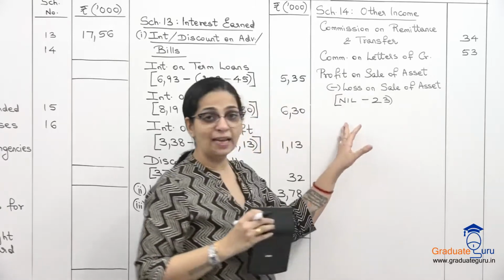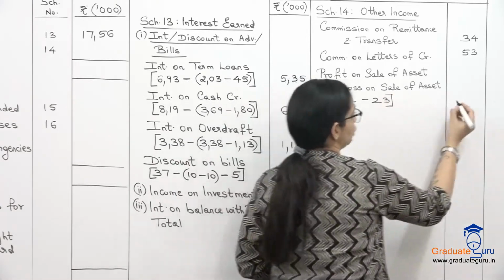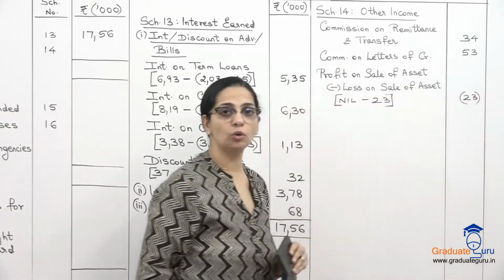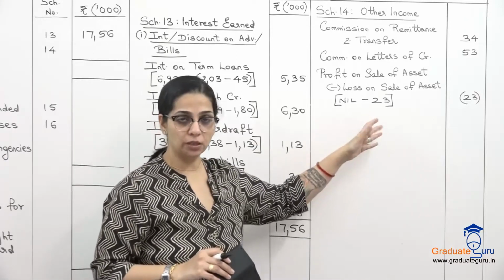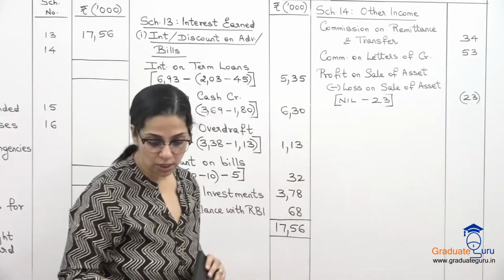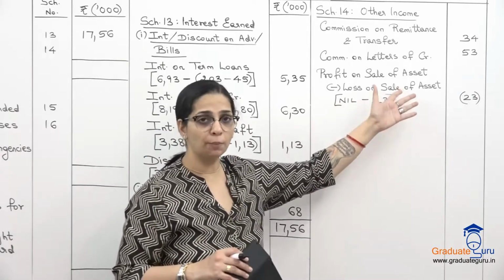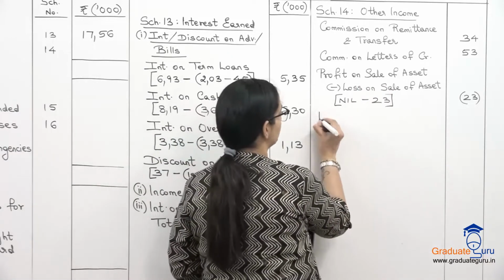So this will be a negative figure, which we'll show over here as negative. If profit is more, you'll have a positive figure. If loss is more, you'll have a negative figure. So that was our sale of asset, which over here in brackets you can write down computers. Then we have profit on exchange transactions.